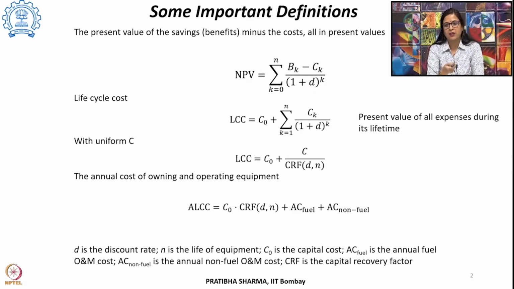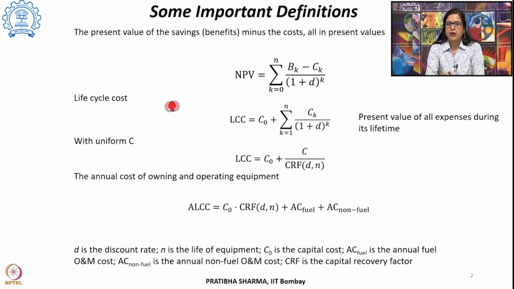So, when some investment is done today, what is the expected gain, or what will be the worth in future of that money which is invested? That is considered by the discount rate, and this is summed over the number of years. So, for a kth year, this is Bk, the benefits, minus the cost Ck in the kth year, over 1 plus d to the power k. D is the discount rate, k is the year.